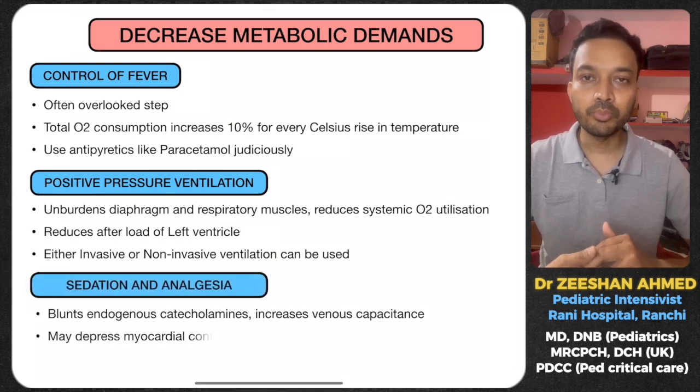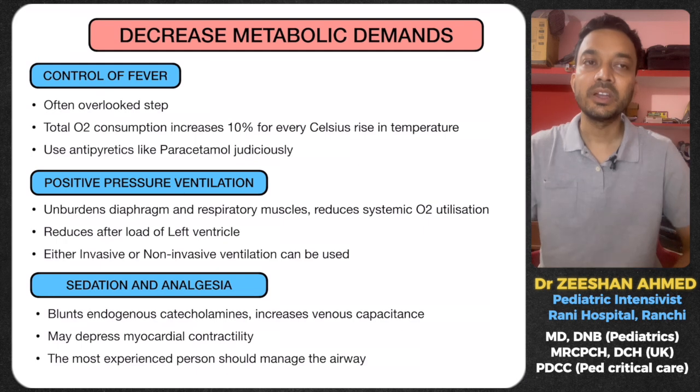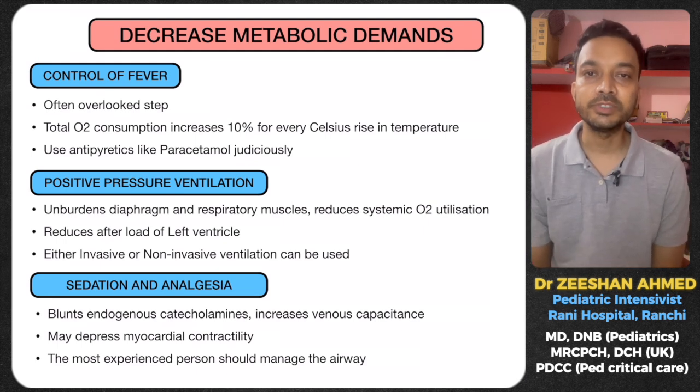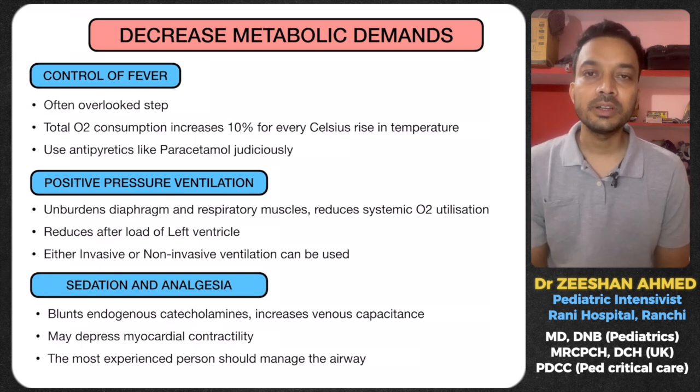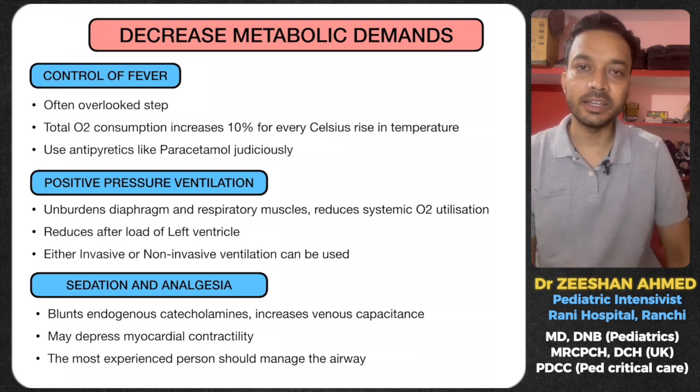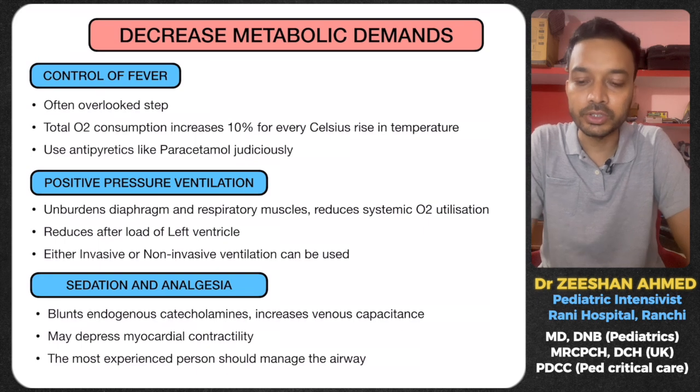And again, a very important point, sedation and analgesia. If a baby or a child is ventilated, then he suffers from a lot of pain and anxiety. So we have to give analgesics and sedatives like ketamine and midazolam infusion.